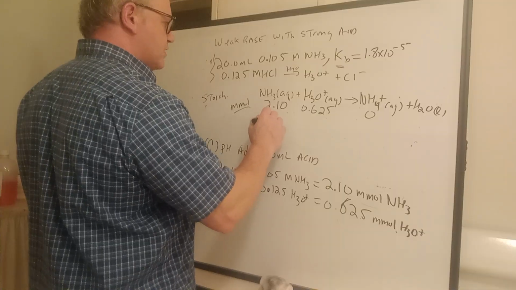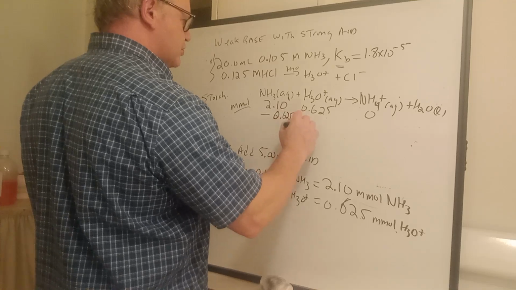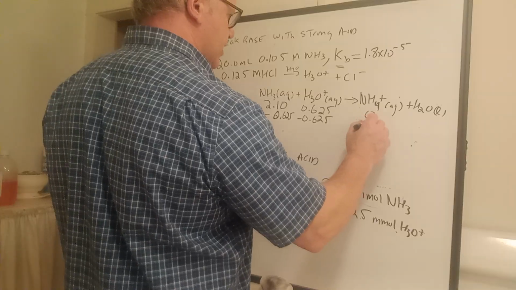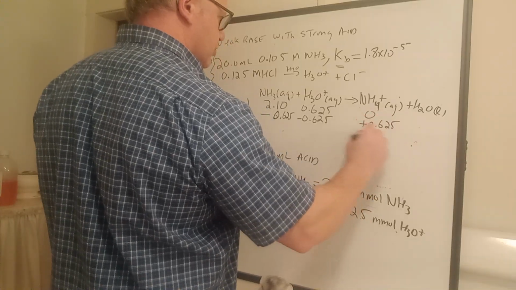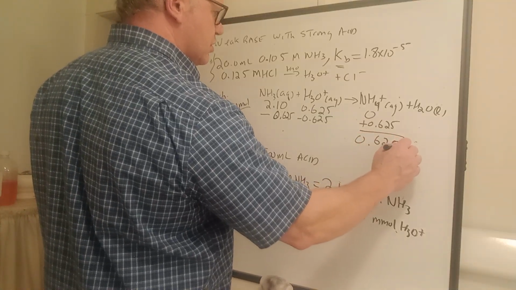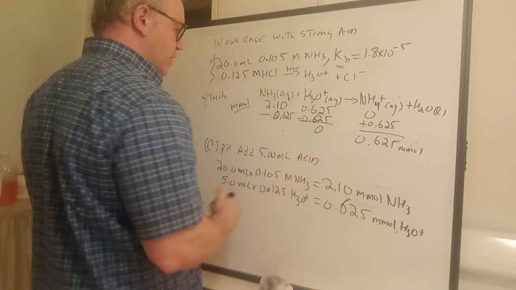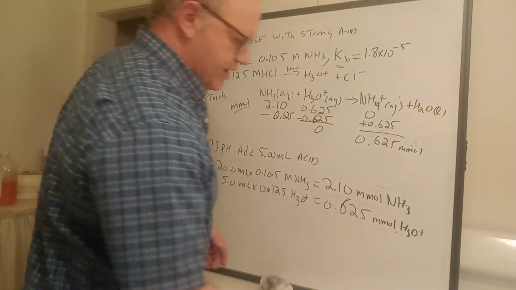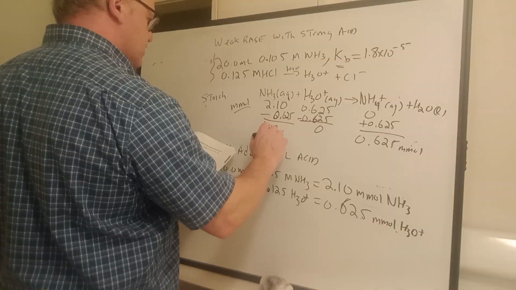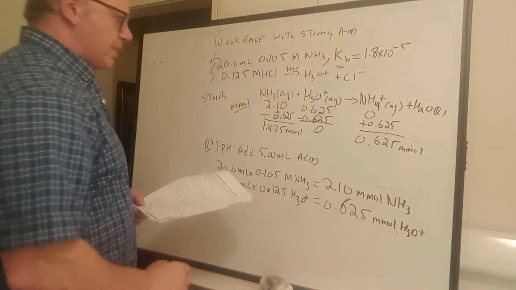We're going to subtract 0.625, 0 minus 0.625. And on this side, we're going to add. So this is going to give us, of course, 0.625 millimoles of ammonium. We're going to get 0, of course. Something has to run out. The hydronium, and I can't do that in my head, 1.475, that makes sense. 1.475 millimoles of the ammonia.